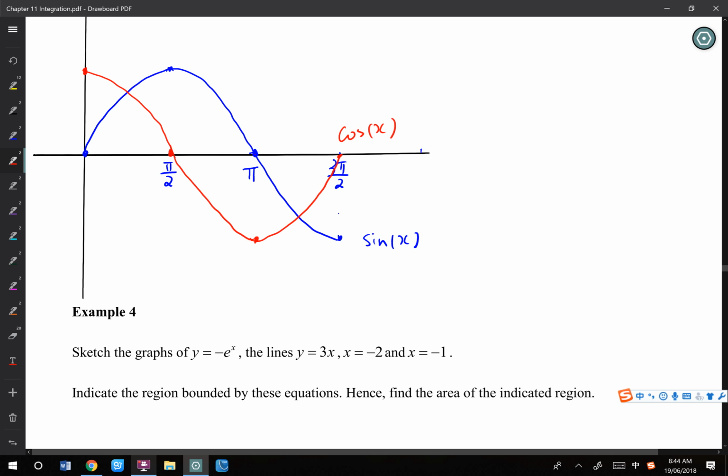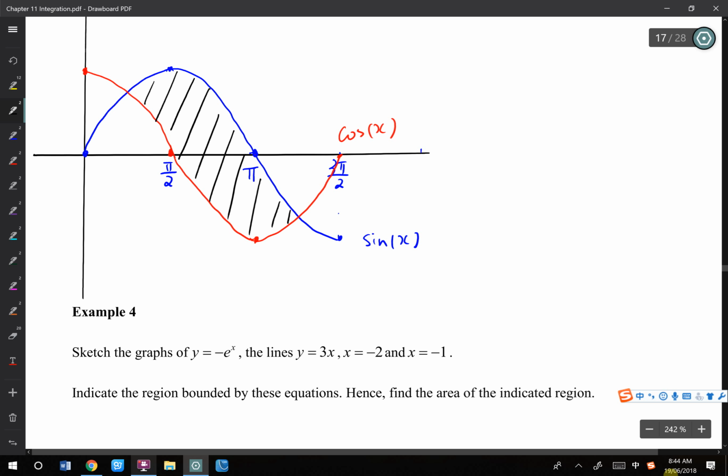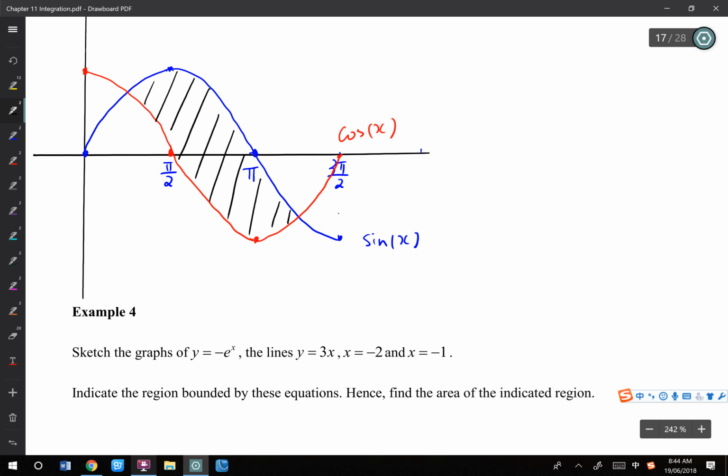And the area shaded in between is this, which is really good because it's just in between 2 points. Okay, there's no other intersections between these two intersections, so I can just calculate it by one integral.